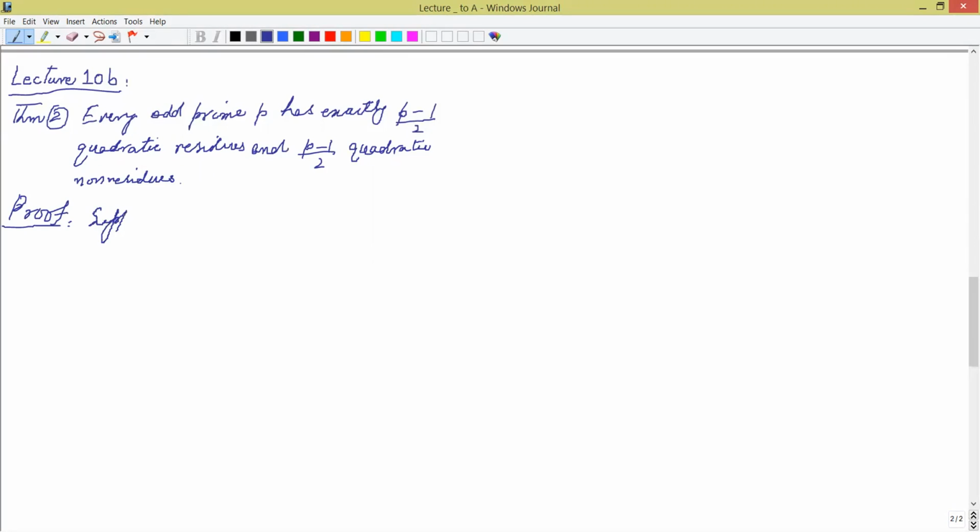Suppose p has k incongruent quadratic residues.